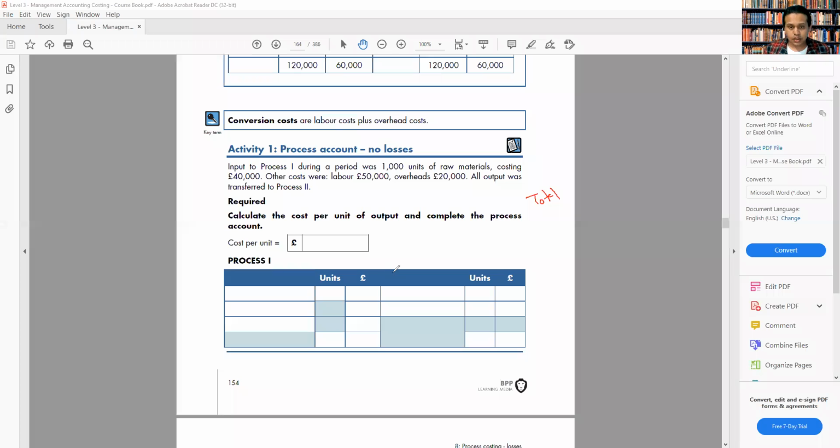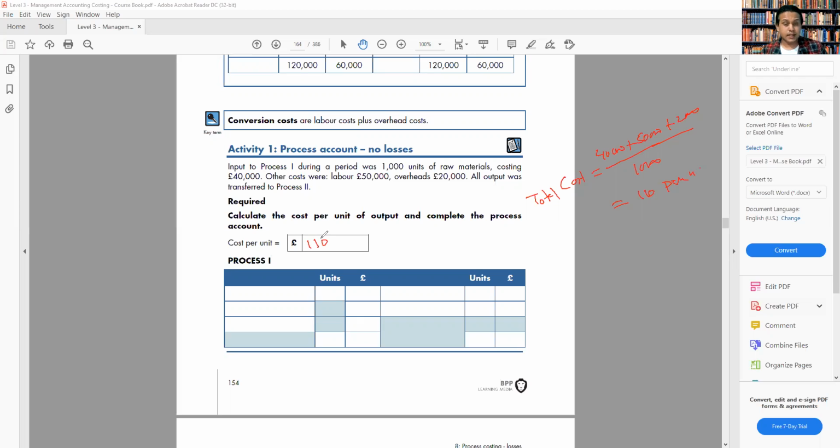All right, so we have the total cost on the top, that is 110, if I add all of this: 40,000 plus 50,000 plus 20,000. And on the bottom, we have the output, that is 1,000 units. If you divide these, that will give us 110 per unit. So this is the cost per unit, 110.